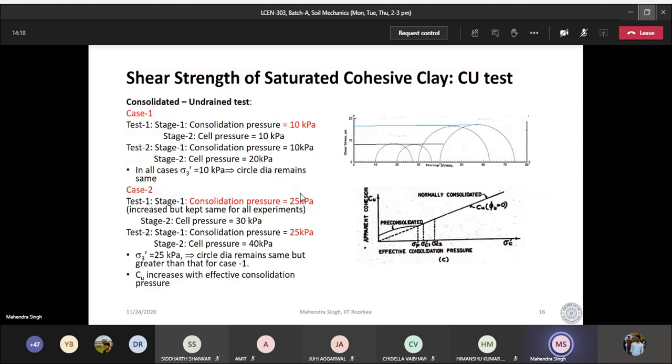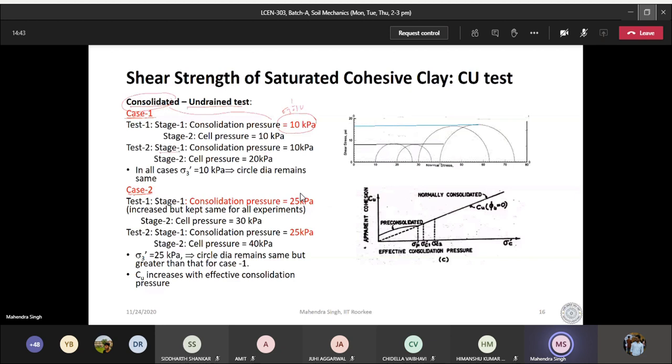Now, suppose we do a consolidated undrained test on this clay sample. I have taken two cases, case 1 and case 2. In case 1, we have applied a consolidation pressure of 10 kPa, and it is consolidated, meaning now sigma 3 dash becomes 10 kPa.